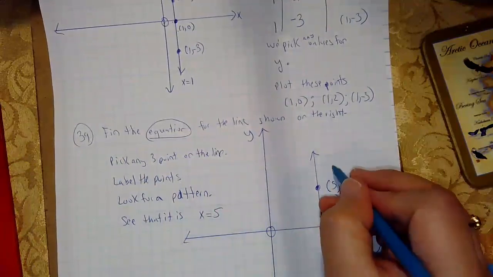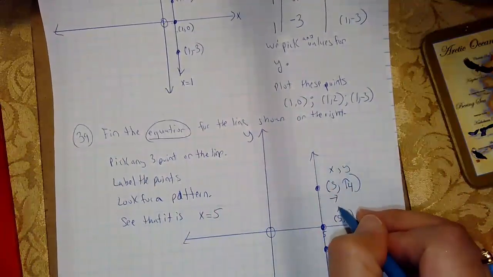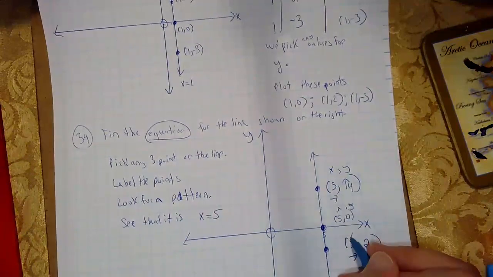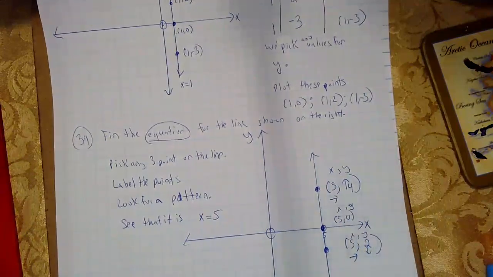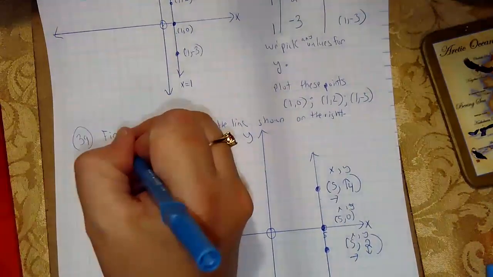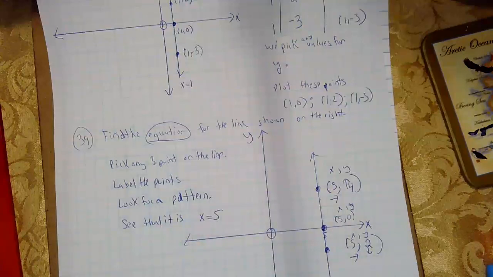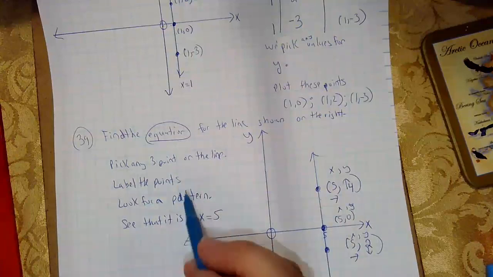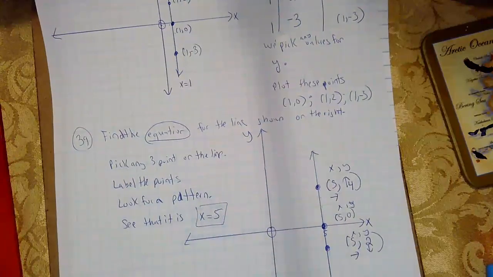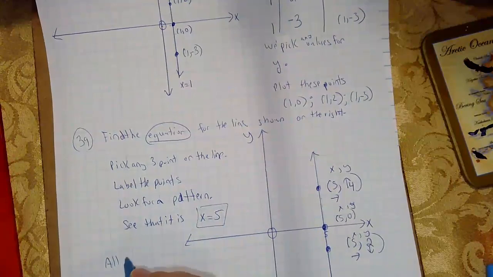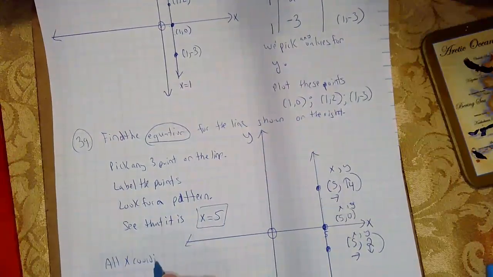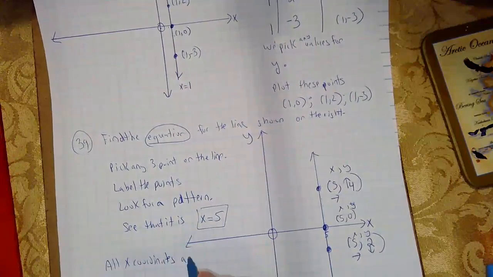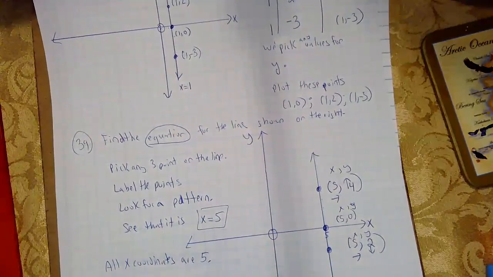And you see x is always 5. So all your x coordinates are 5, therefore we label it x equals 5, okay?